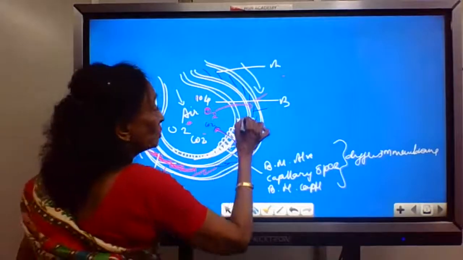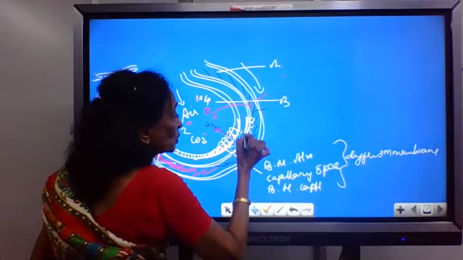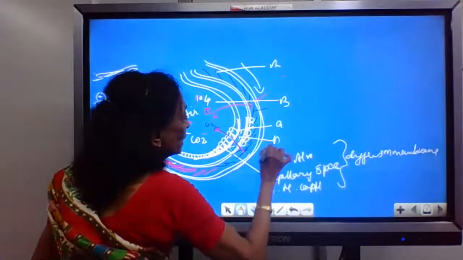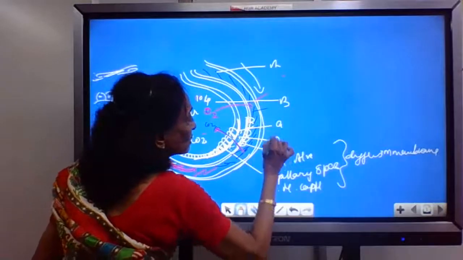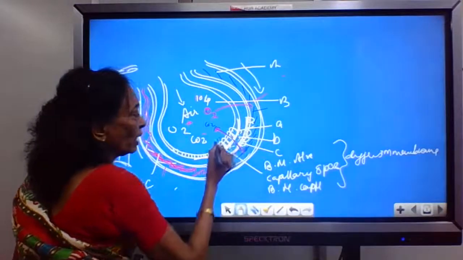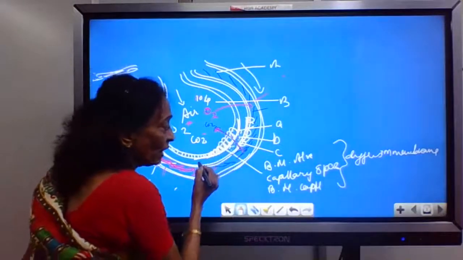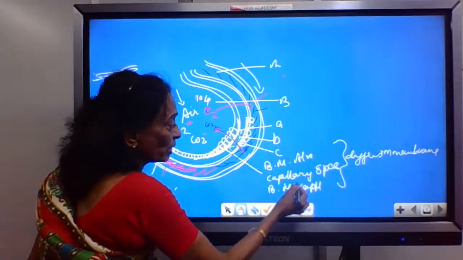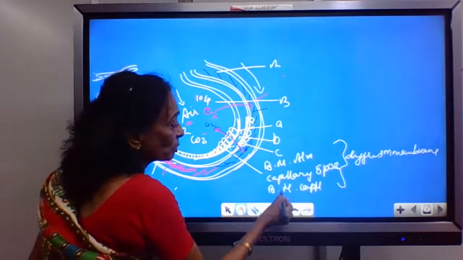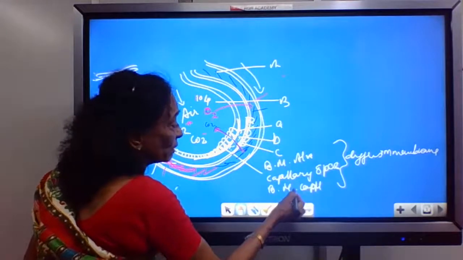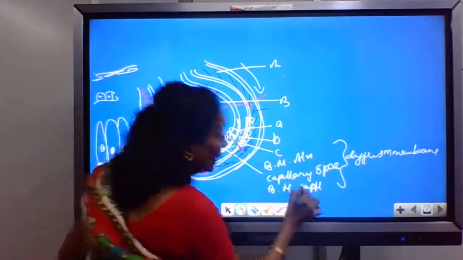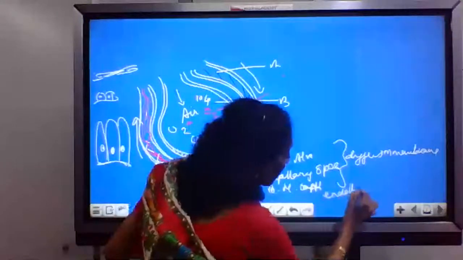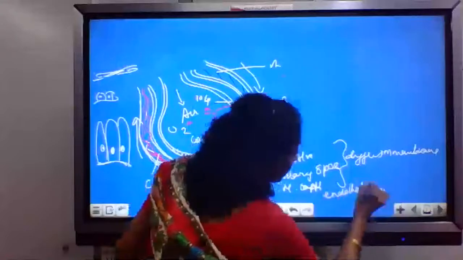Sometimes they will give you this part alone, the filtration tissue, as an option. A is the basement membrane of the wall of the alveoli. B is the narrow capillary space. The third one is the basement membrane of the endothelium of the capillary.